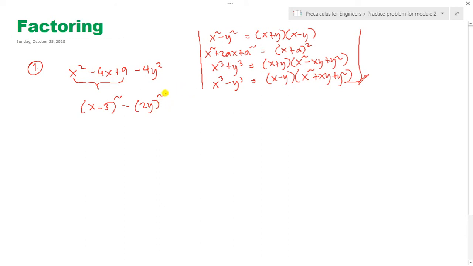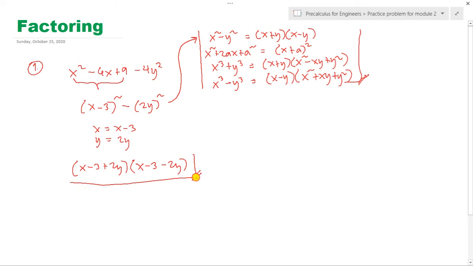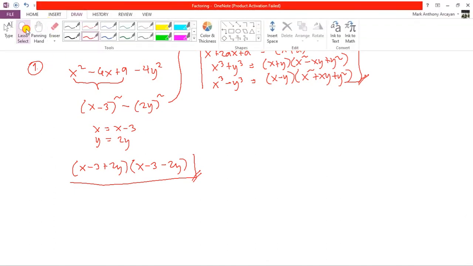Then, class, mukha siyang difference of two squares. So the factor will be, let x equal x minus 3 and y equal 2y. So we can say that is equal to x minus 3 plus 2y multiplied by x minus 3 minus 2y. This is now the complete factor of x squared minus 6x plus 9 minus 4y squared. So yun lang yung tatandaan nyo, class.